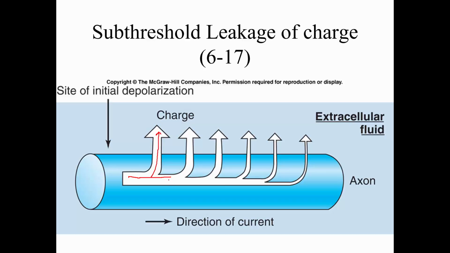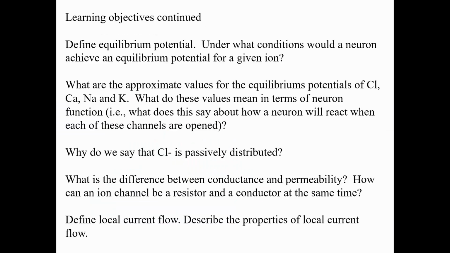And as it does, it decays, so that I get to a spot further along the membrane and the current is smaller than it was. That's a passive current flow. But you have to realize that when you get some kind of depolarization or hyperpolarization, it's going to travel, but it's going to travel in a passive way.